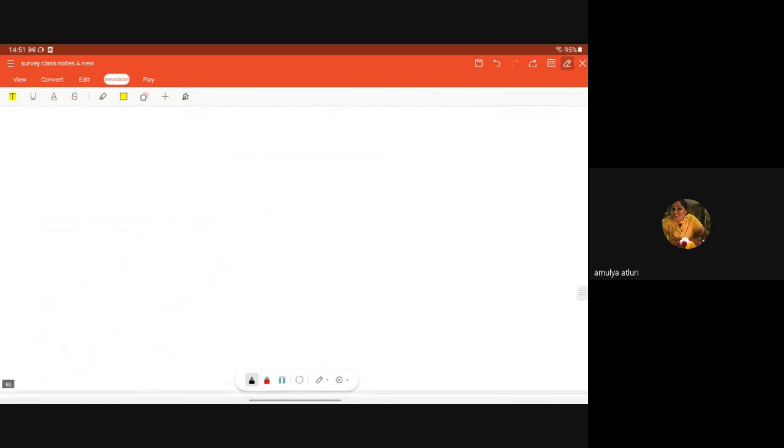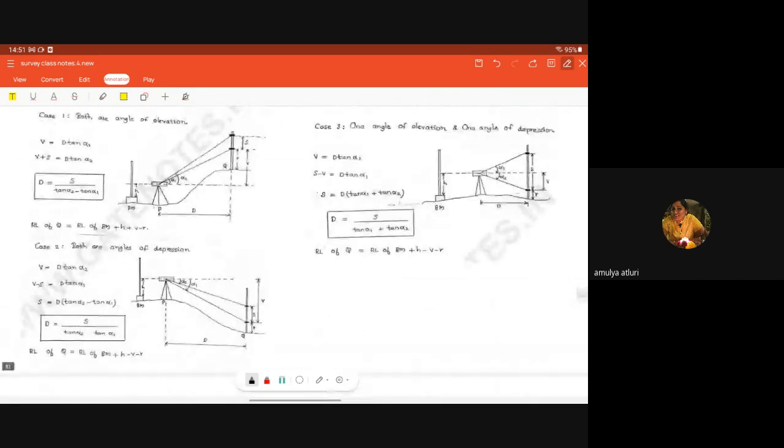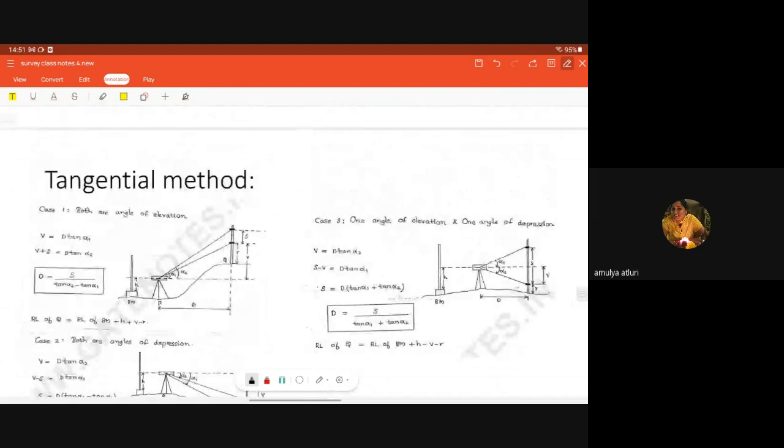Next method is tangential method. In this method, the readings corresponding to crosshairs are not required. No crosshairs required. Target staff is used for taking the vertical angles on the vanes fixed to the staff.